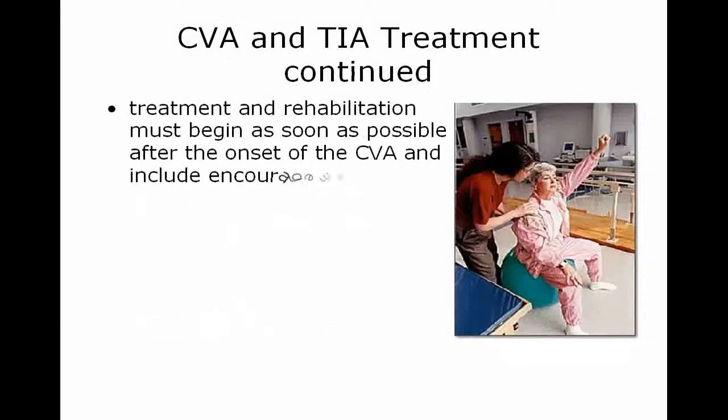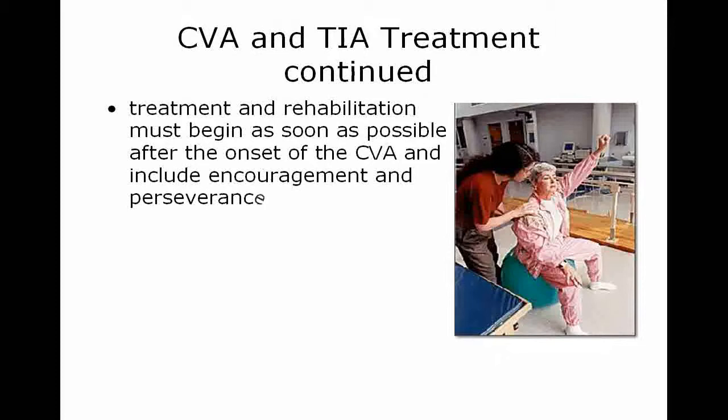Treatment and rehab must begin as soon as possible after the onset of the CVA. And when we're talking about rehab, this involves our occupational therapy assistant students and our physical therapy assistant students, that after a person's had a stroke, they may be very discouraged because they've lost the ability to speak or the ability to use their arm or walk or whatever it may be.